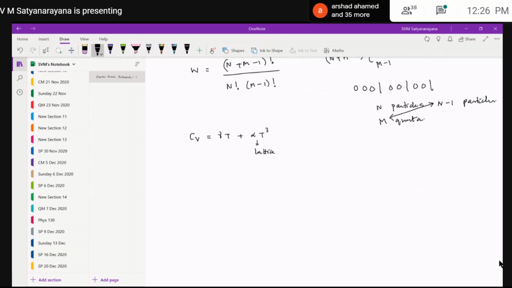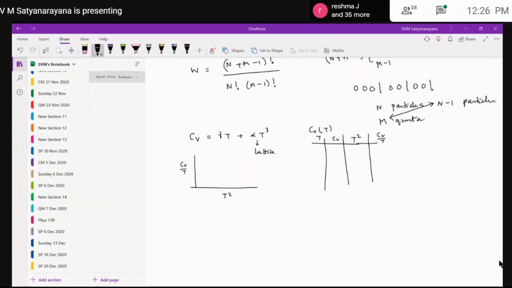So what one does is plot CV over T versus T square. That means you measure CV as a function of temperature. Like in laboratory notebooks, you write temperature, CV, and then you take T square and CV by T, and then plot these two things.